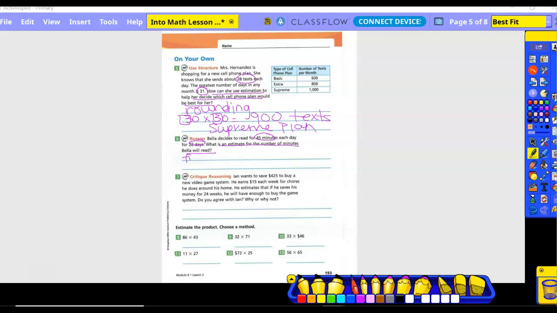So front end. So if I just do front end, that is the numbers in the 10 spot, right? So 40 times 20 equals, put 4, 2, what is 4 times 2? 4 times 2 is 8. And add 2 zeros. So about 800 minutes.